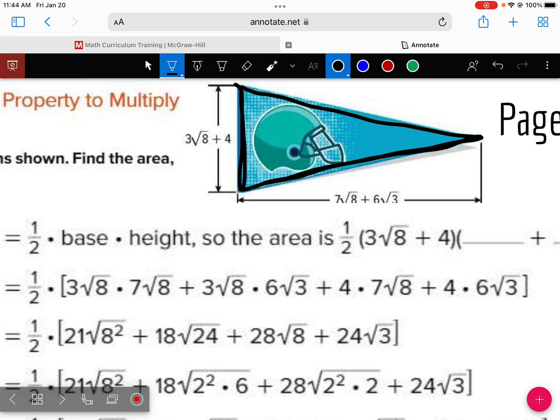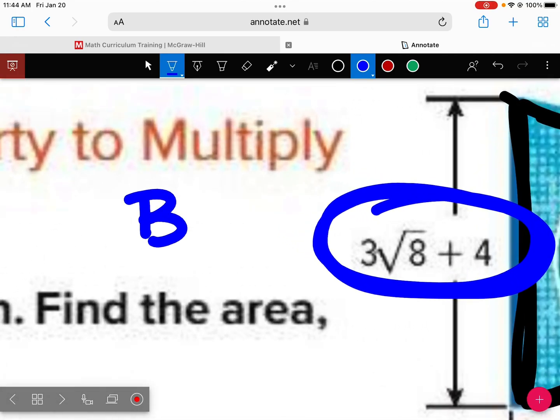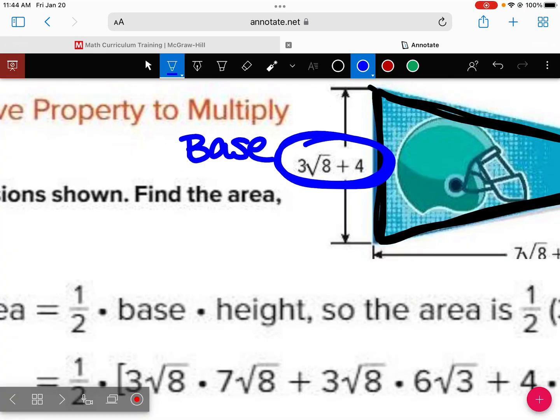Do you guys see the triangle-shaped pennant? Okay. This is what they have decided is the base. It does not matter when you're doing this on your own if you switch the base and the height. Here's the base.